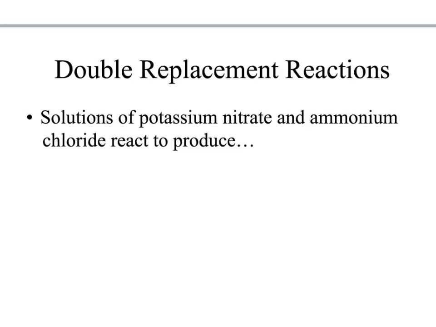So we've got solutions of potassium nitrate and ammonium chloride react to produce. So we're going to predict the products for this one also. So we've got our potassium nitrate, and these are all solutions to start, and it reacts with ammonium chloride.